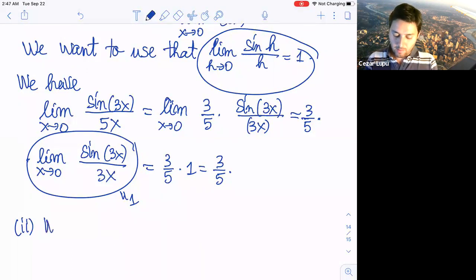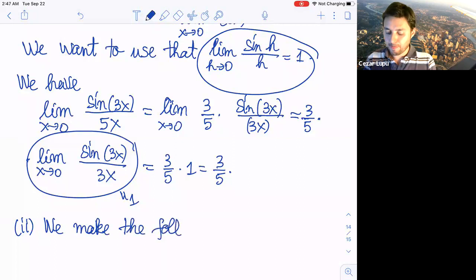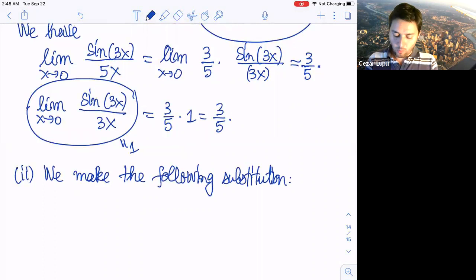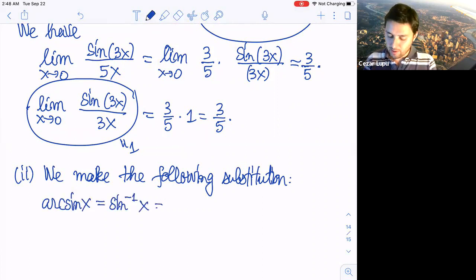So we make the following substitution: arc sine of x equals u. By the way, let me remind you that arc sine is sine to the -1, so it's the inverse. So I'm going to make this substitution.